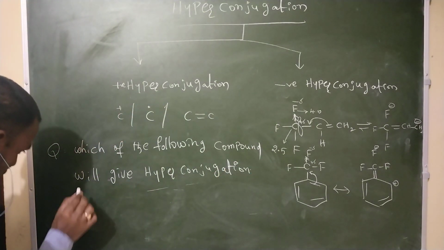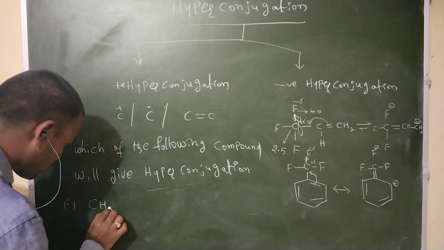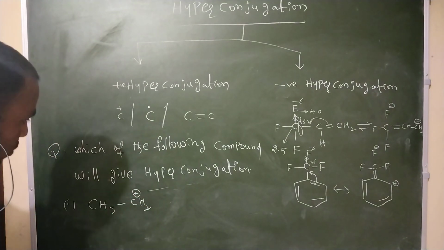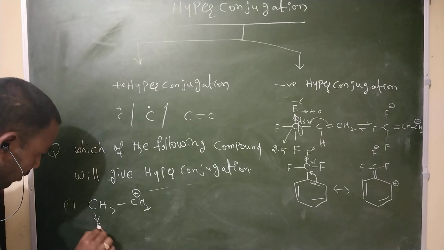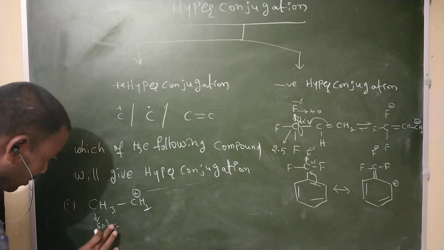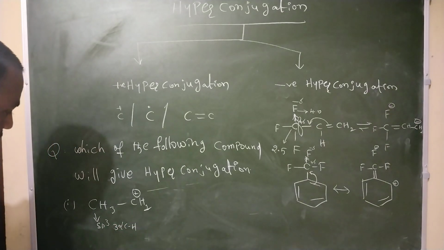I will go with a few compounds like this. CH3CH2 plus, right? So this is the sp2 carbon attached to an sp3 carbon. This is the sp3 carbon, with 3 hydrogens here. So the sp3 carbon has 3 alpha carbon hydrogens, as we are observing.